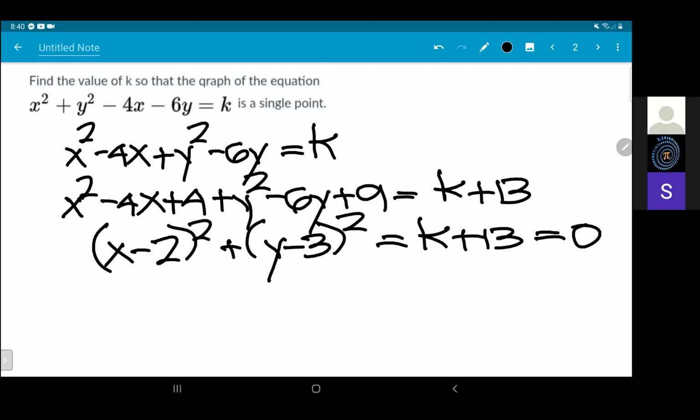Remember, if it is a null set, then the constant on the right-hand side must be negative. If you want a non-degenerate circle, meaning it has a non-zero radius, then it has to be strictly positive. So for this to be just a single point, you have to equate the constant to 0. That gives the answer.